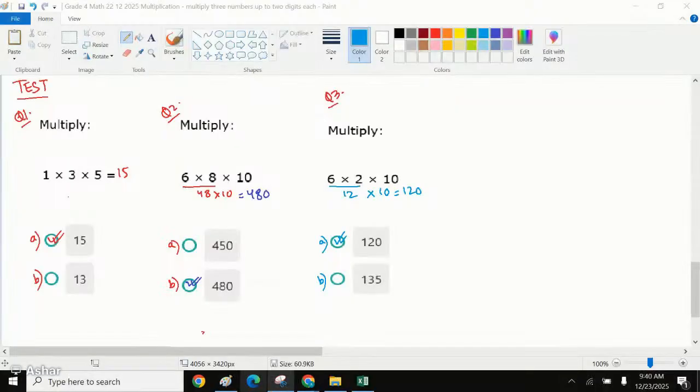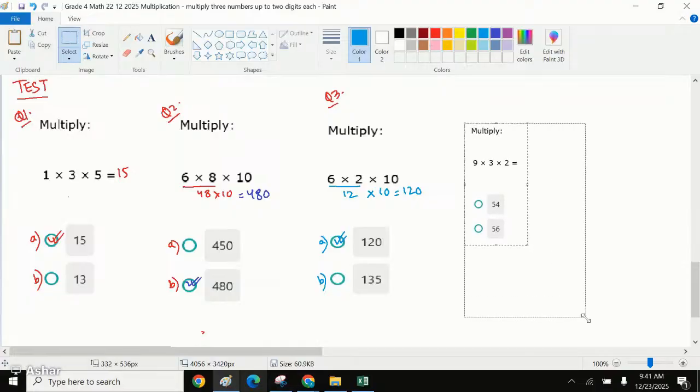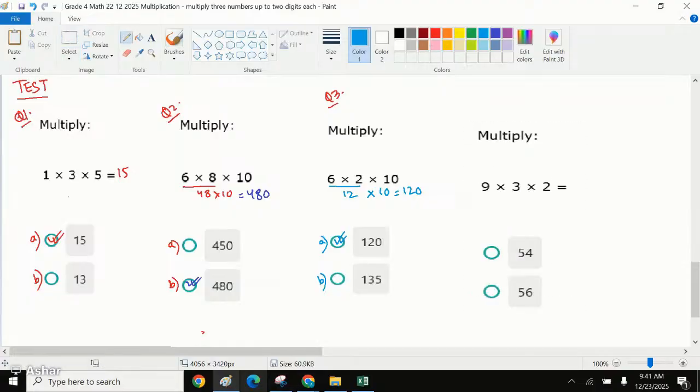So if we have question number 4, it says 9 multiplied by 3 multiplied by 2. Option A or option B? We can do either way. 9 multiplied by 3 is 27, multiplied by 2 is 54.